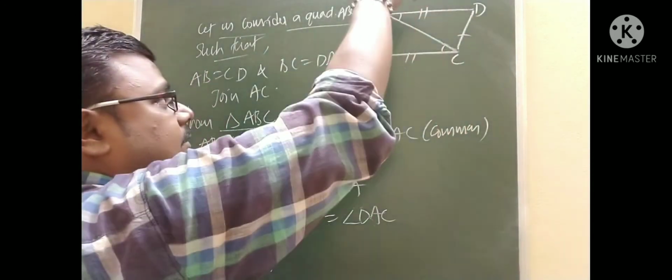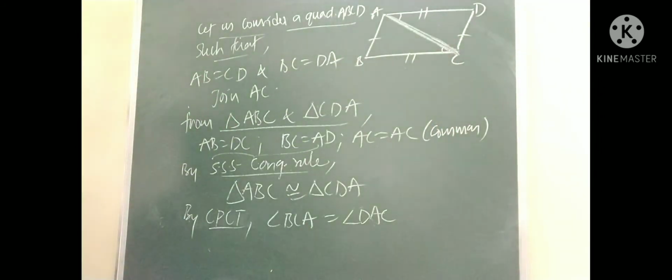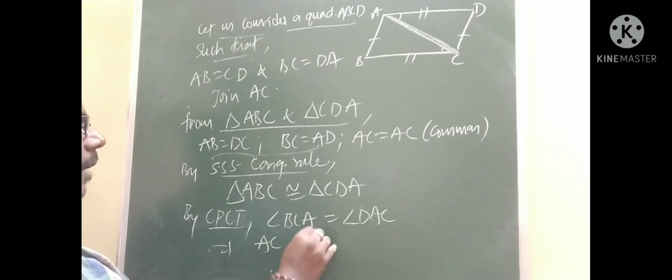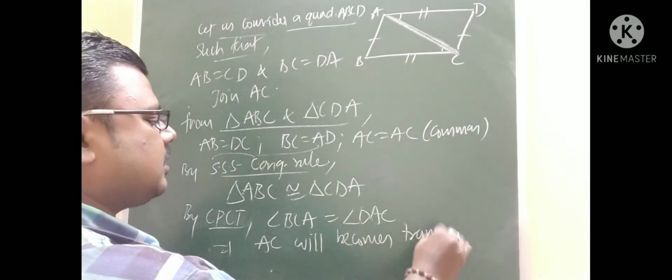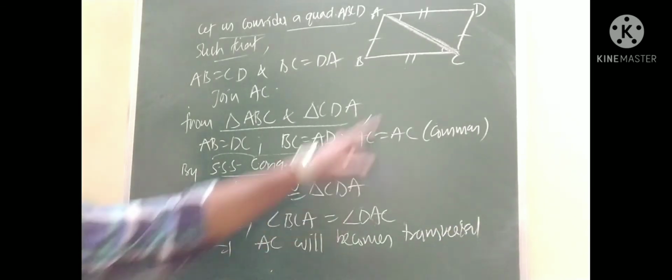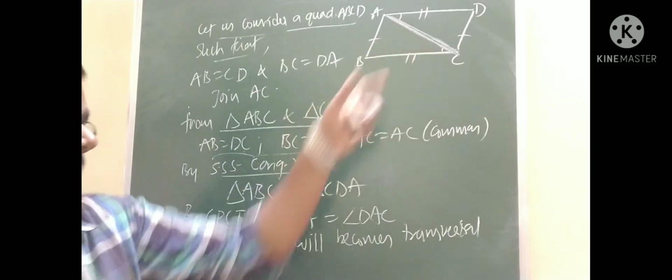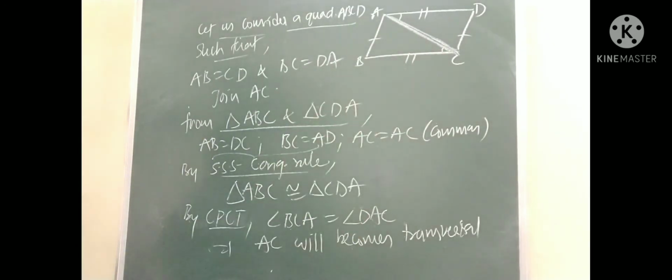We can use this AC as a transversal. So when you are writing BCA is equal to DAC, AC becomes a transversal. Now think about it logically. We consider these two angles equal as per the above proof, and due to that AC becomes a transversal, then automatically AD will be parallel to BC.